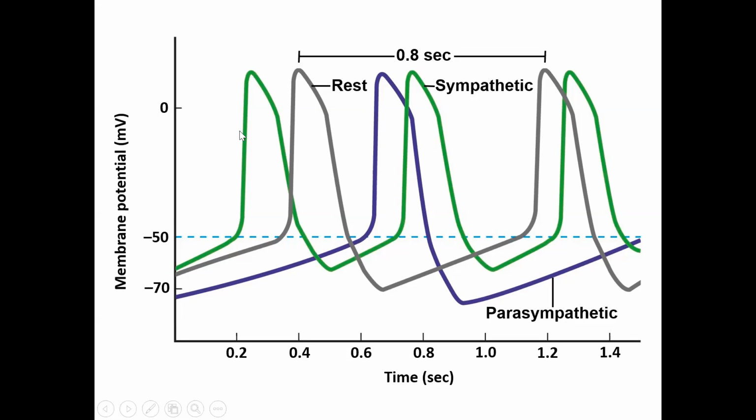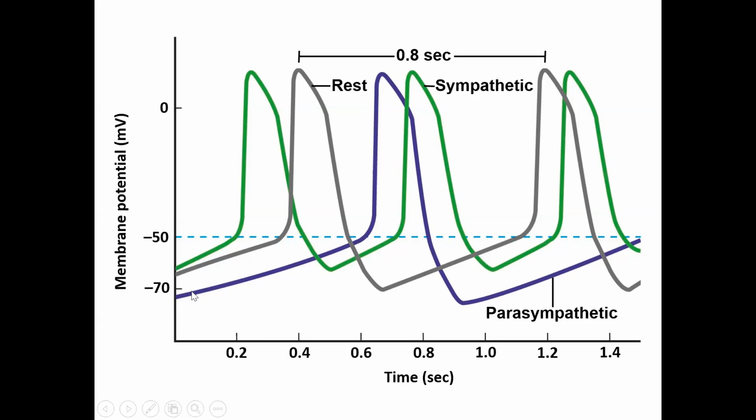We also see the curve in green showing us what's happening under the sympathetic influence. And so we see that during that exact same time period, if we have increased sympathetic activity, we actually fire 3 action potentials instead of 2. And then alternatively, we have the parasympathetic curve in blue.